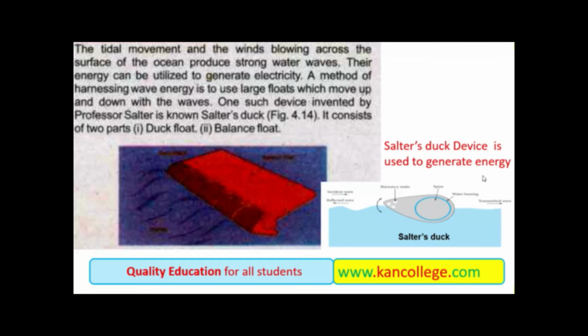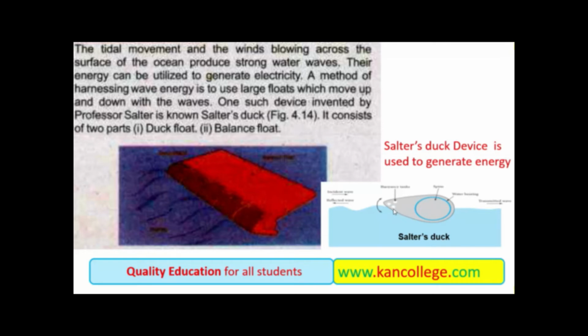Salter's duck device is used to generate electric energy by running the turbine. As we know, in the Salter duck there is a gear similar to the gear in the back wheel of a bicycle. When the pedal of the bicycle is rotated in the forward direction, the gear rotates with maximum speed, but when the pedal is moved in the reverse direction, the gear doesn't move backward, and in this way a clockwise rotation of the wheel is made possible.